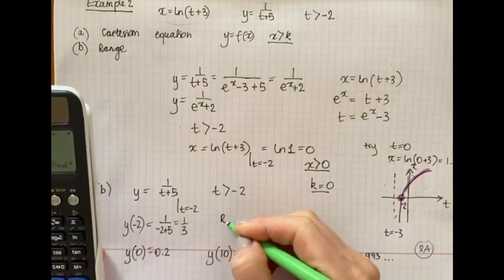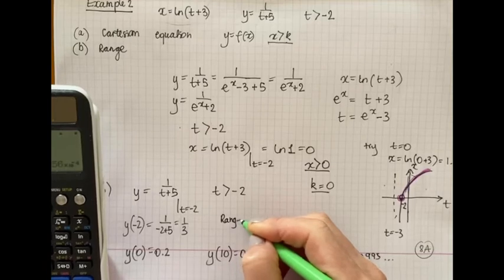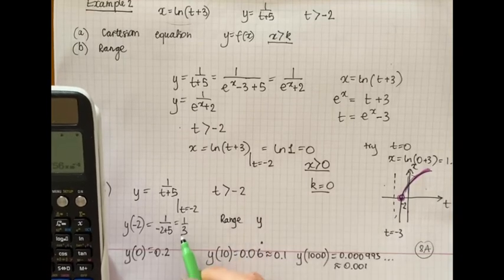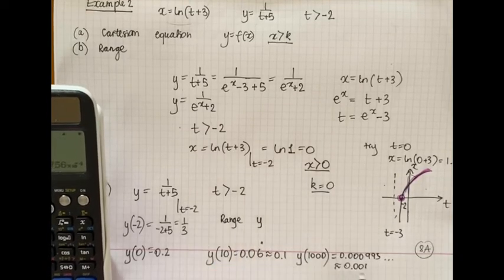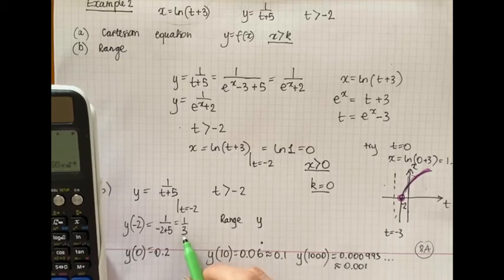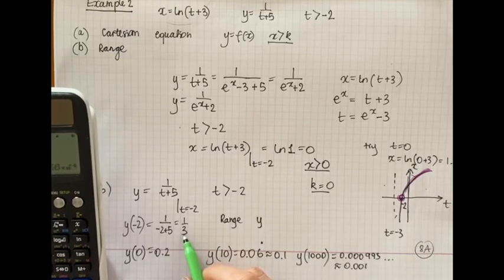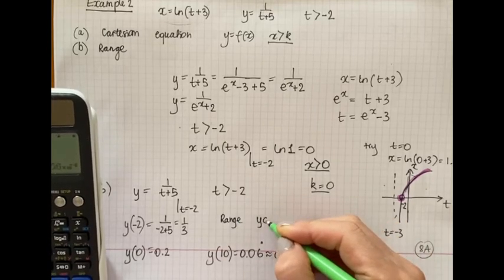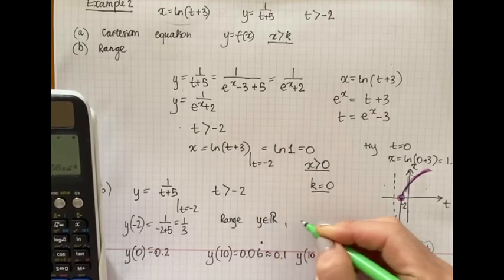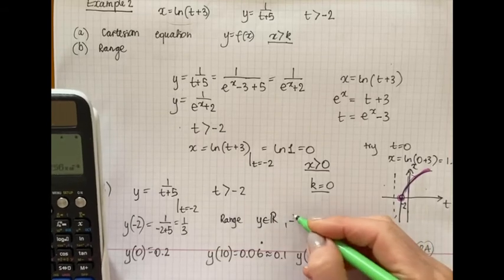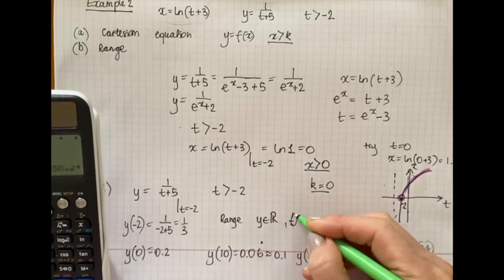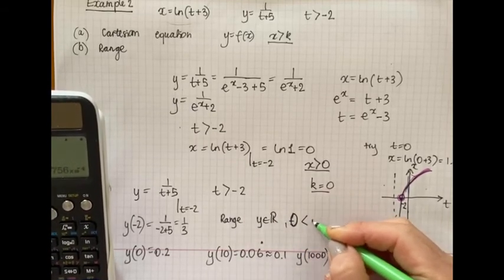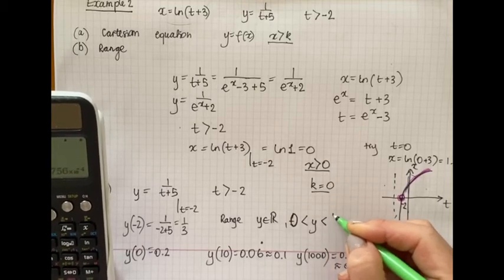So the range will be y greater than 0, and then you stop at 1/3, because 1/3 is what you obtained when it was minus 2. So it's 0, not getting to 0, so not equal, and 1/3.